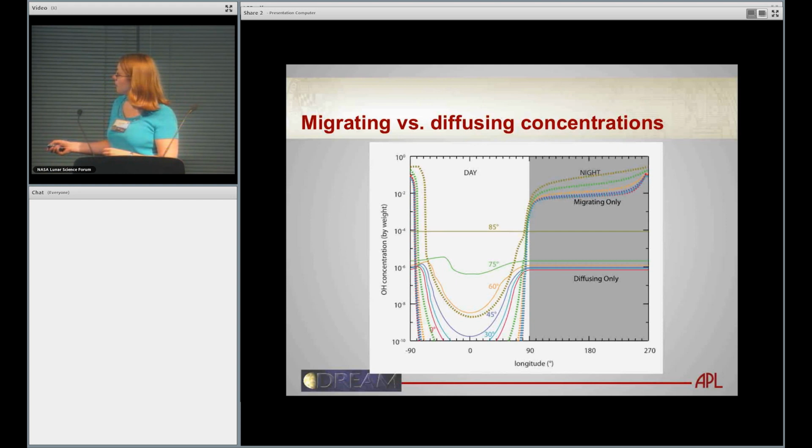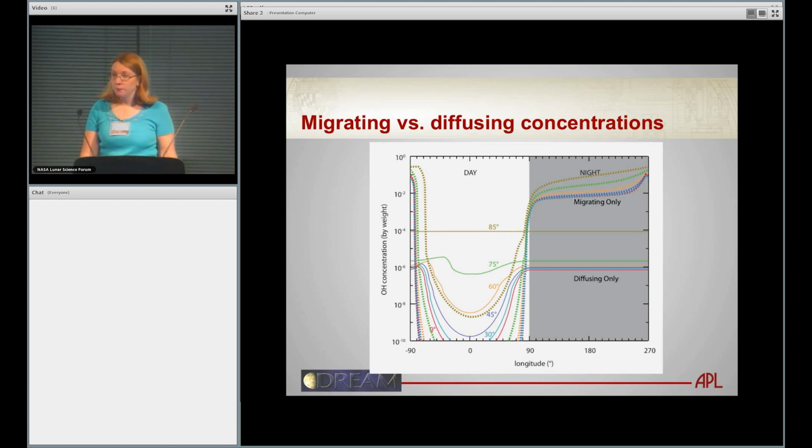Here, the solid lines down here are our diffusing OH that I showed you before. And this is adsorbed water on the surface. You get much higher concentrations, and you get a strong diurnal effect. And this should be observable.